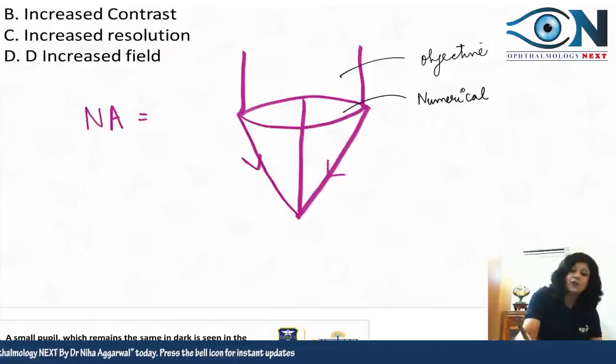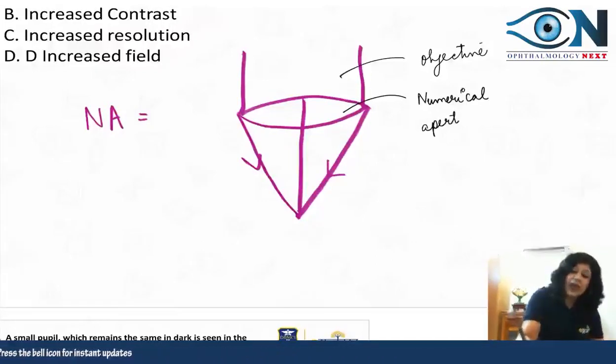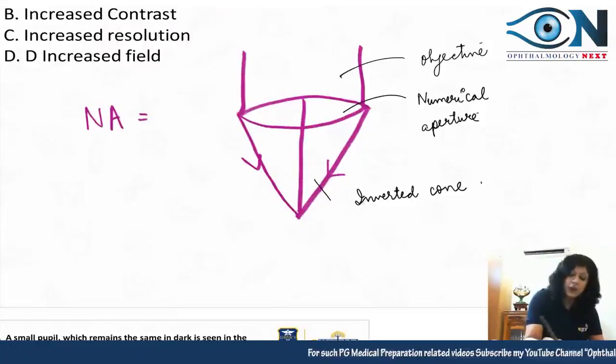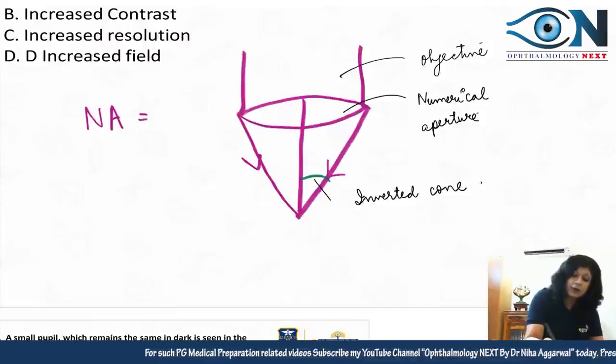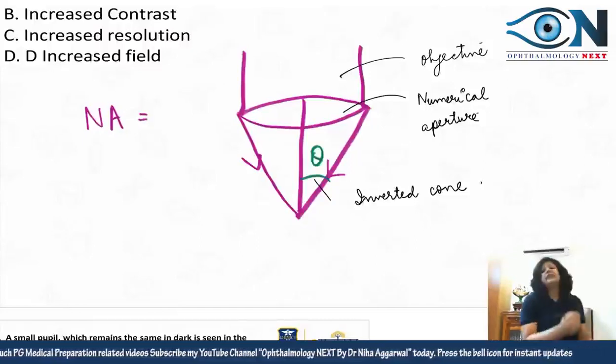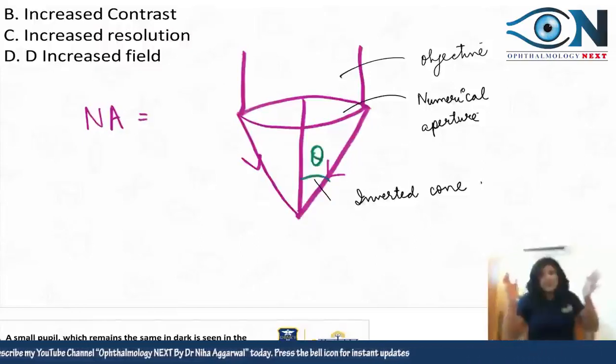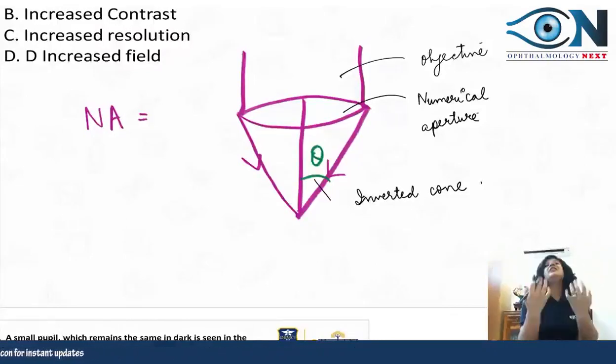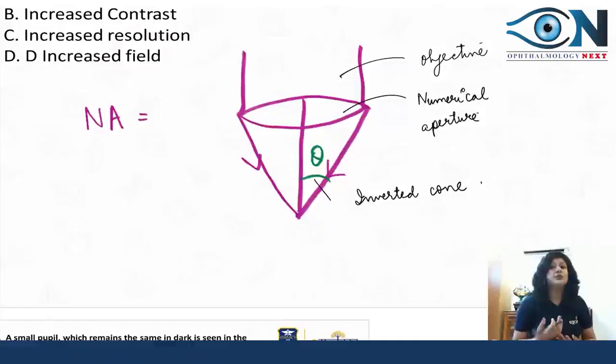The light which is going is forming this inverted cone, and half of the angle that is formed is called angle theta. So if the aperture is more, obviously more light will come and you will have the better resolution.